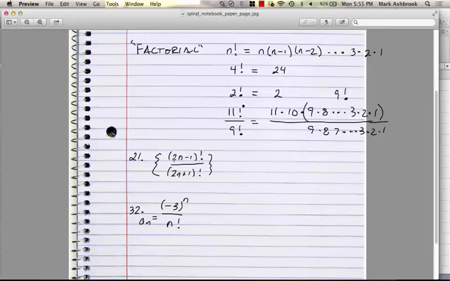So you can think of that 9 factorial over 9 factorial as 1, leaving 11 times 10. Make sense? When you're getting to these factorial problems, you have to have that way of thinking. You've got to see that and be able to think that way. So let's look at this one, 21. Can you make sense of that?